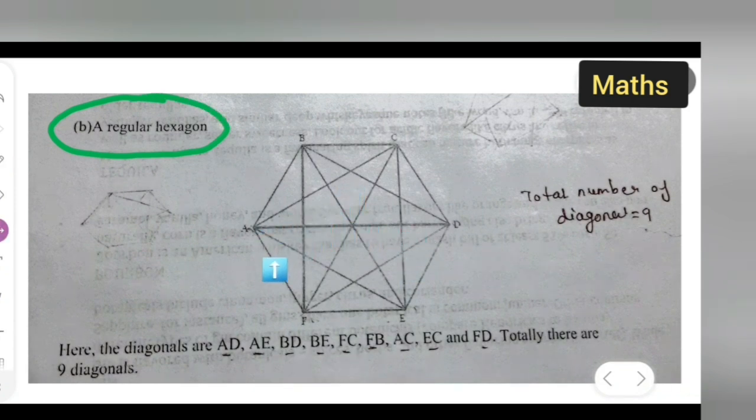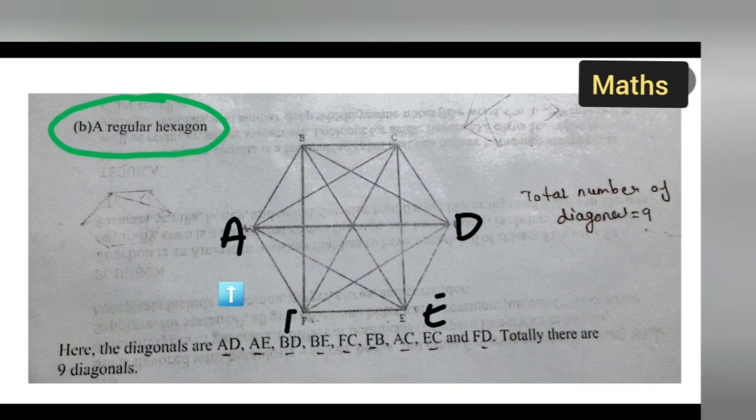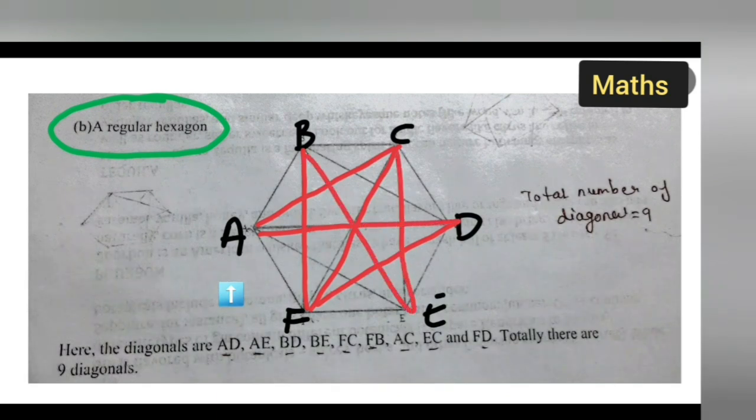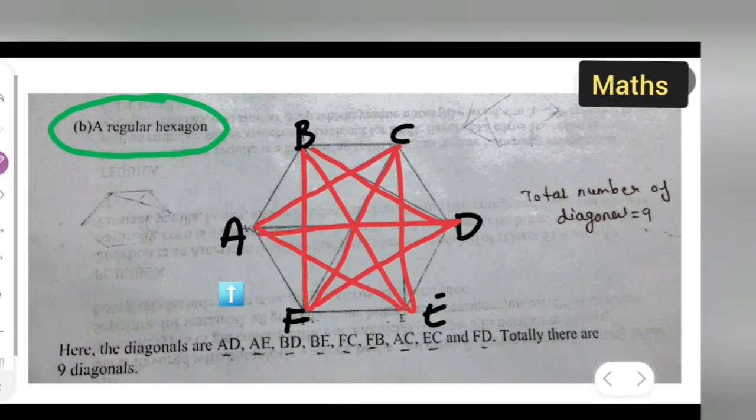This is A, this is D, this is E, and this is F over here, and this is C, and this is B. You can just count it: 1, 2, 3, 4, 5, 6, 7, 8, and 9. So a regular hexagon has 9 diagonals. Total number of diagonals is 9.